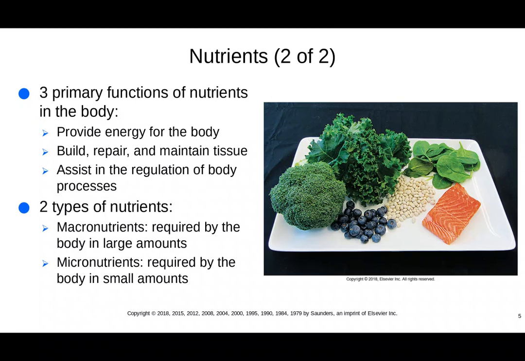There are 2 different types of nutrients: macronutrients, which are required by the body in large amounts, and then micronutrients, which are required by the body in small amounts. And if you recall some of our basic terminology, macro means large and micro means small.